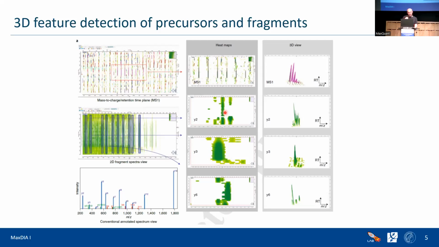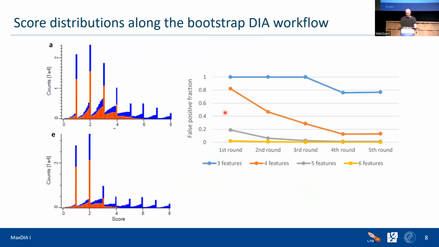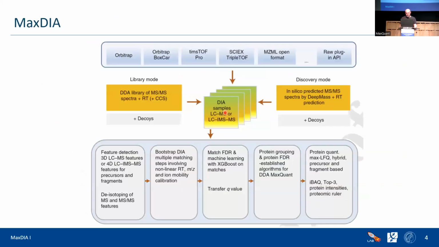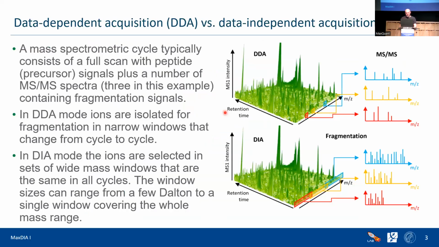So you cannot do feature detection in higher dimensions spanned by the retention time or by the ion mobility. But you can do this in DIA because, as you remember from this slide, we now have fragmentation windows that are large and constant, and that means that your fragmentation data will also be continuous.